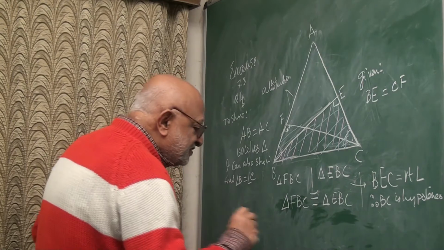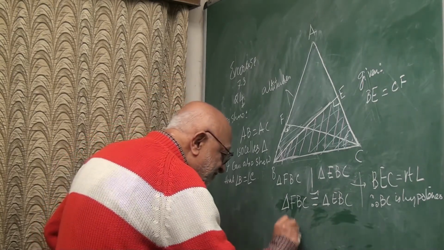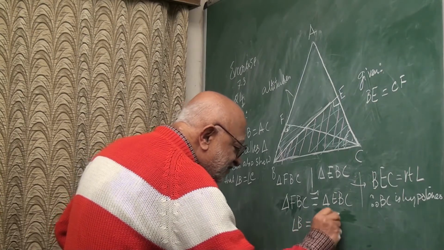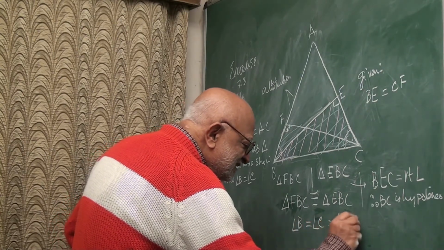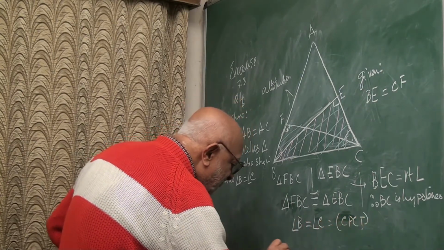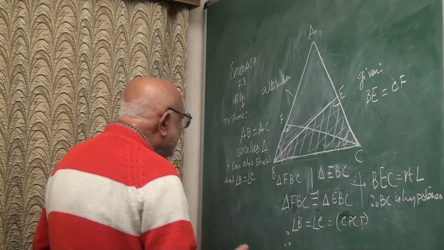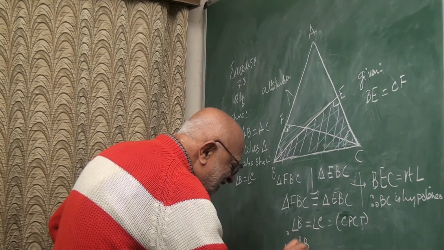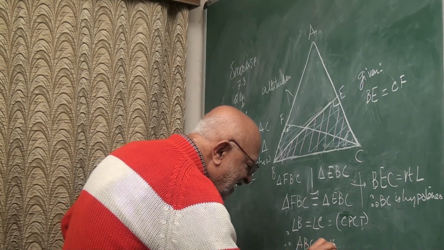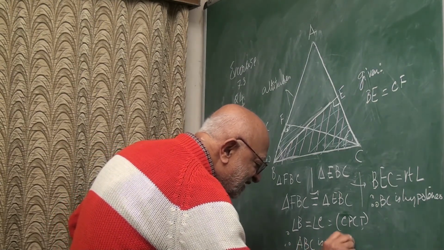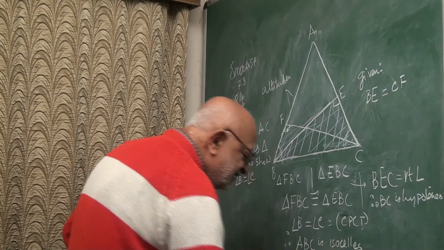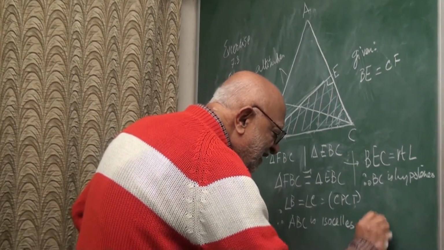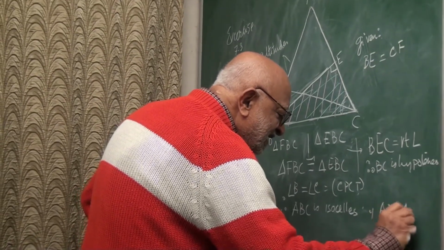If this is so, then angle B is equal to angle C, that is by CPCT. Therefore, triangle ABC is isosceles, that is, AB is equal to AC.